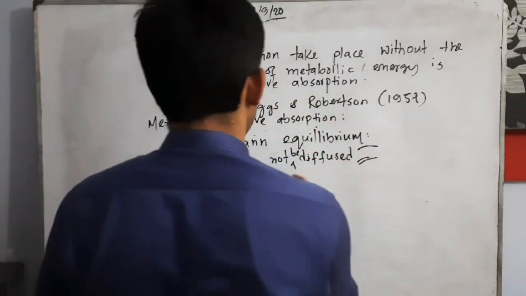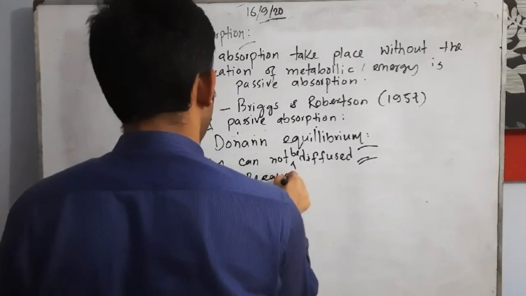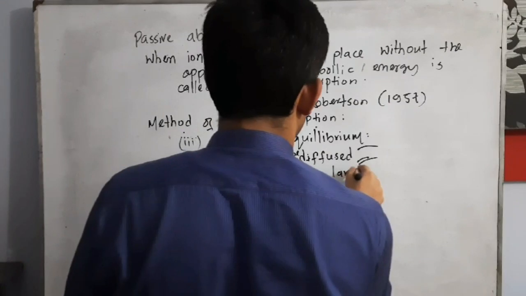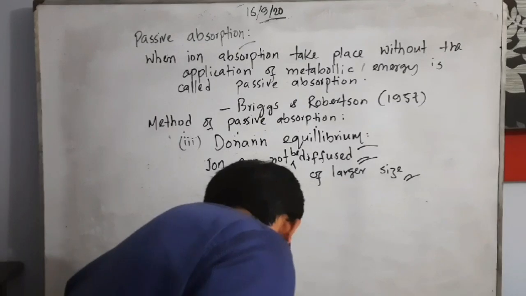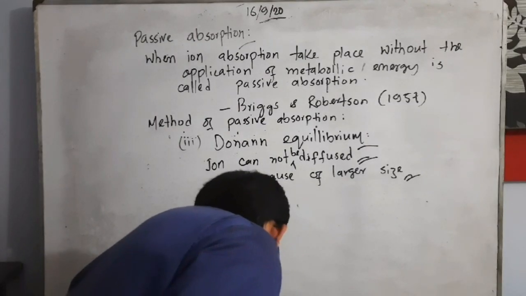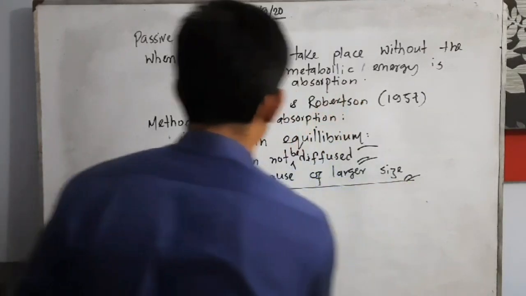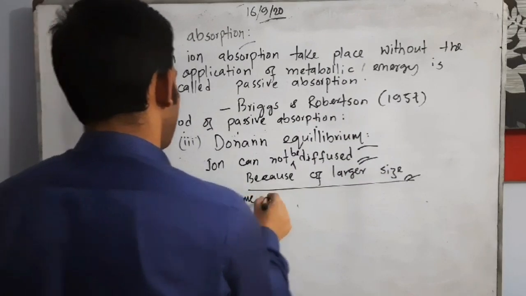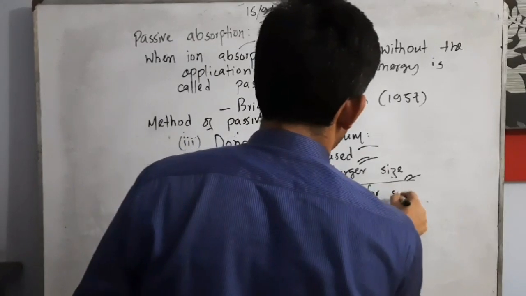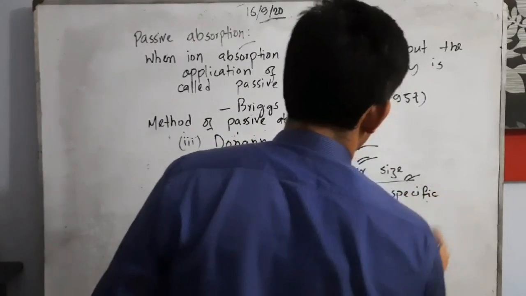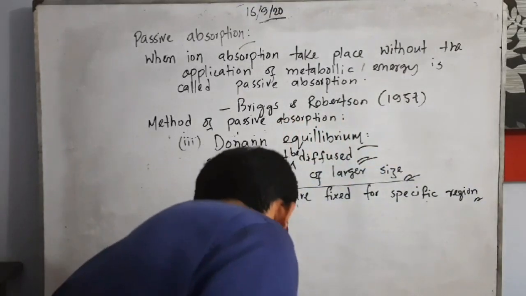Because of the larger size of the protein molecules, some ions are fixed in a specific region. That means we have also seen some fixed ions.